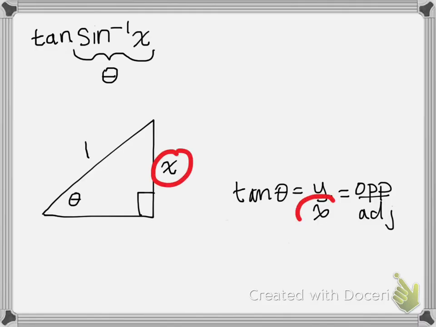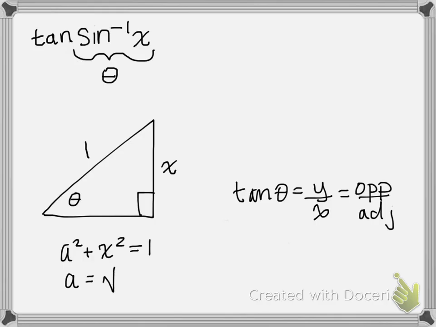Don't confuse these two x's, they're not the same. I need the opposite, and I've got it there. I also need the adjacent, and I don't have it, but we can find it by saying adjacent squared plus x squared is equal to 1. So the adjacent is equal to the square root of 1 minus x squared.